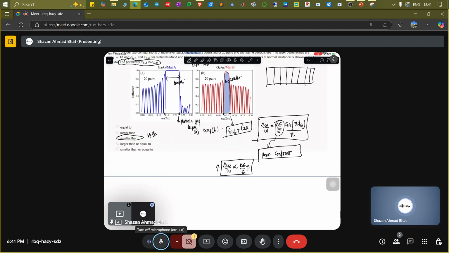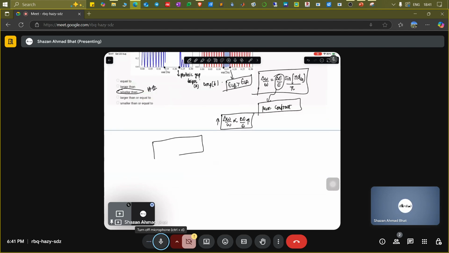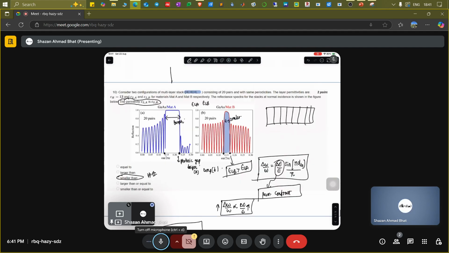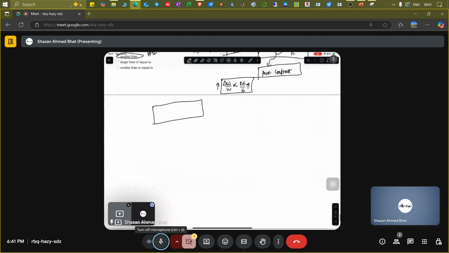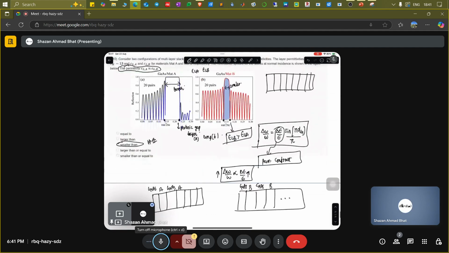So it's like you have gallium arsenide and material A, for example. Gallium arsenide and material A, so on and so forth. Then you have gallium arsenide and material B, gallium arsenide and material B, so on and so forth.